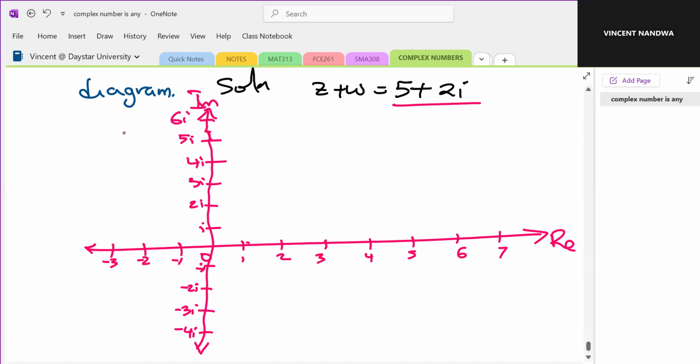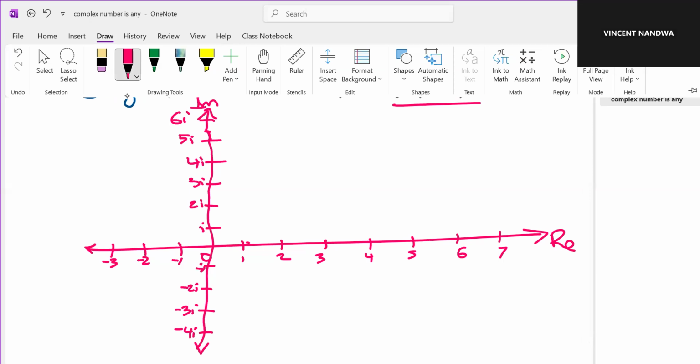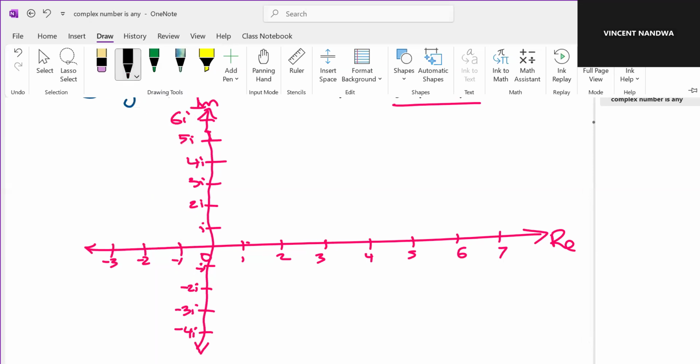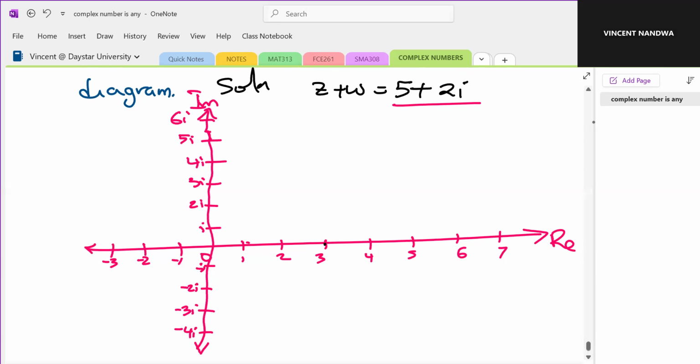So remember Z was 3 plus 4i. So 3 plus 4i means on the real axis you are at 3, and on the imaginary axis 4i. So this will be somewhere here. So this will be Z. And then W is 2 minus 2i.